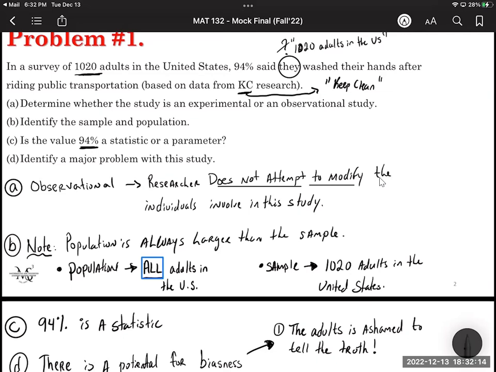Let's say that this company Keep Clean, one of their items that they sell as a business is probably soap, hand soap, or sanitizer. Why do you think there's a potential for bias if this company name was Keep Clean?